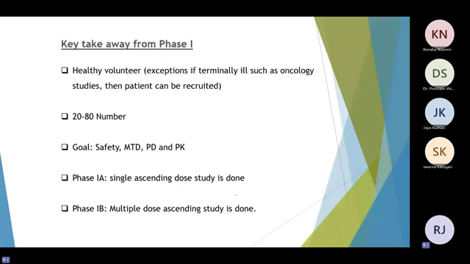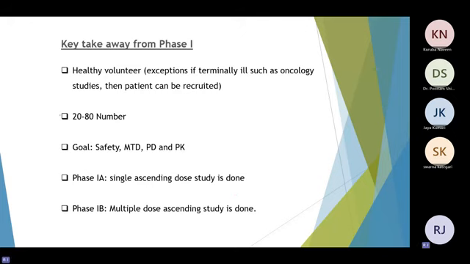But whenever somebody asks you which type of subjects are recruited in phase 1, you have to say that healthy volunteers are recruited. But there are a few exceptions if the trial is being done on terminally ill subjects. For example, in oncology studies, patients are recruited instead of healthy volunteers because drugs are generally cytotoxic.